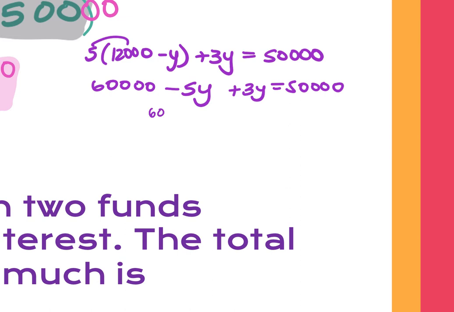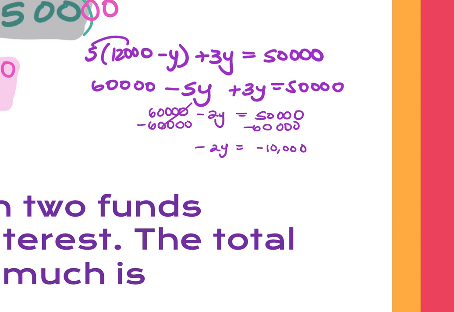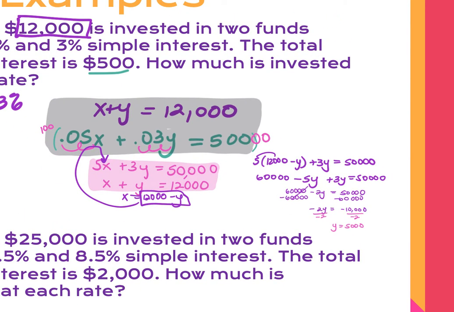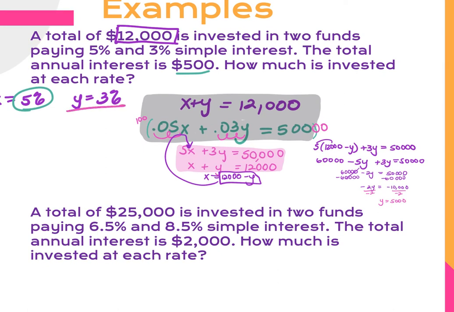Combine your like terms. Subtract the 60,000. I get negative 2y equals negative 10,000. Divide by negative 2. And y is 5,000. So that's how much was invested at the 3%.